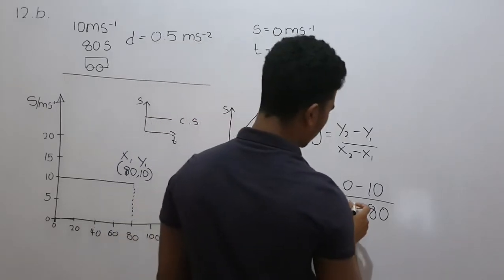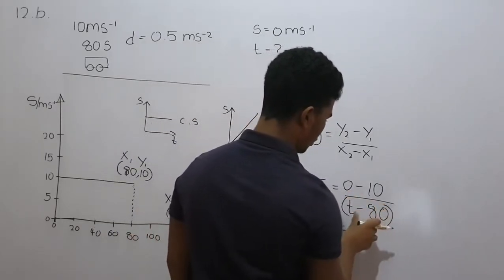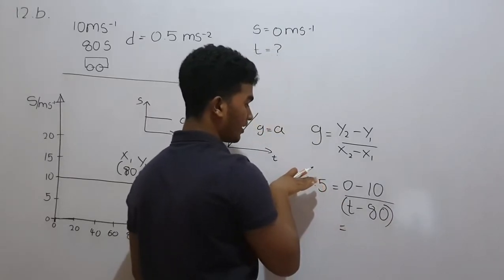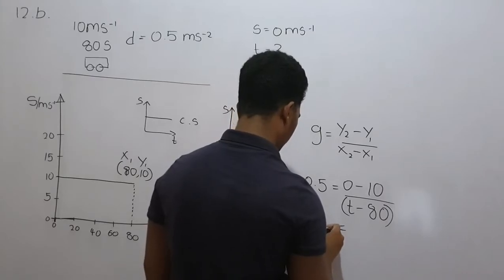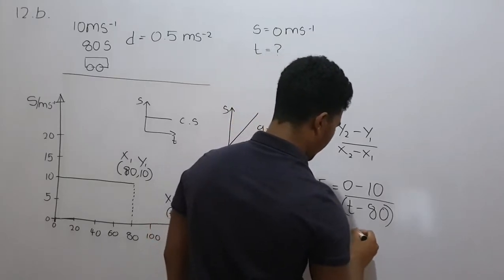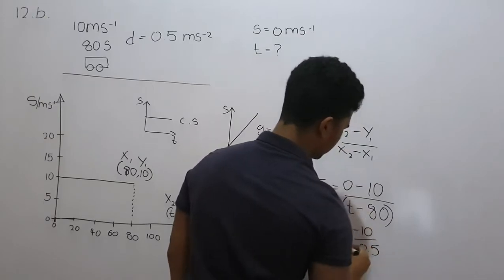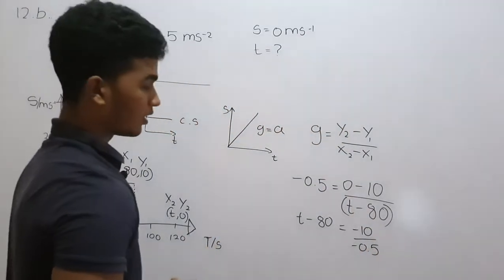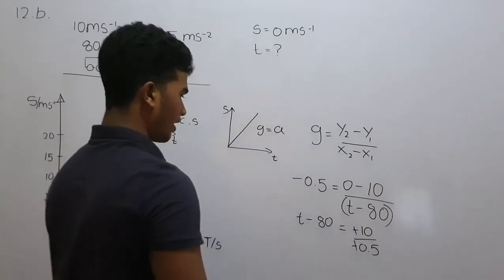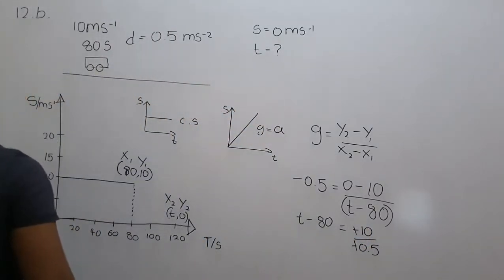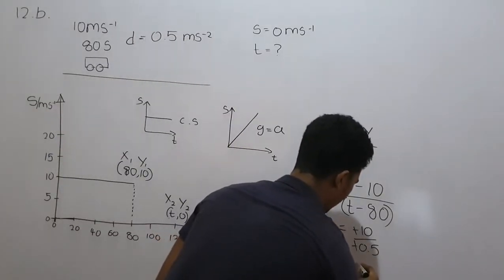So you can cross multiply and take the minus 0.5 to this side. So it will become t minus 80 equals minus 10 divided by minus 0.5. This minus and minus will get cancelled, it will become plus, and when you simplify it, this will be plus 20.